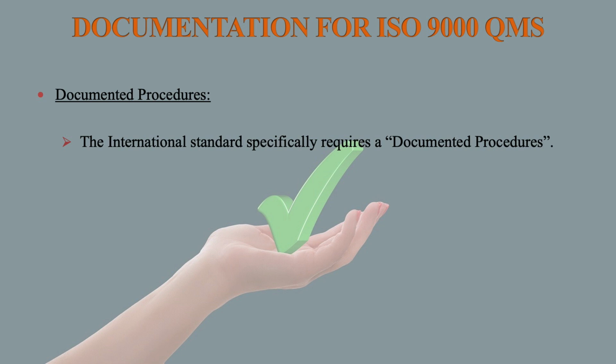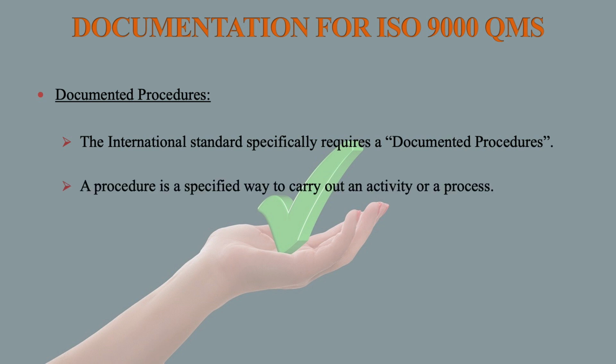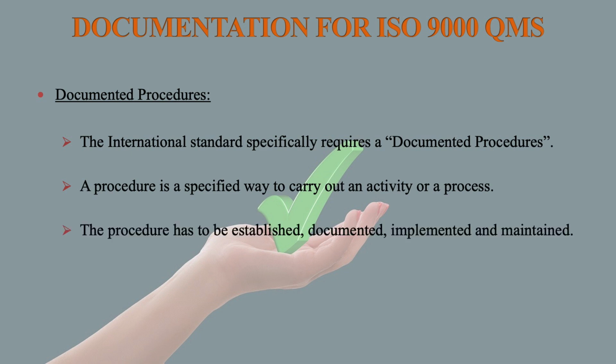Documented procedure. So how will it be documented? That procedure we have to know. The international standard specifically requires documented procedures. A procedure is a specified way to carry out an activity or a process. The procedure has to be established, documented, implemented and maintained.